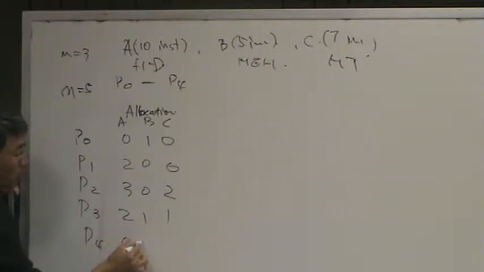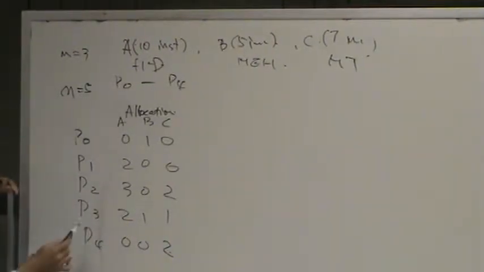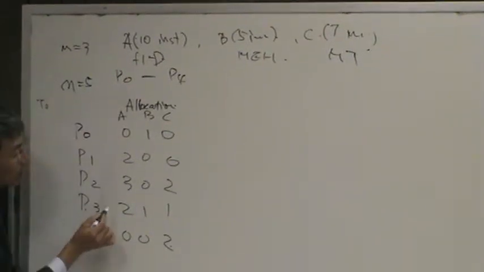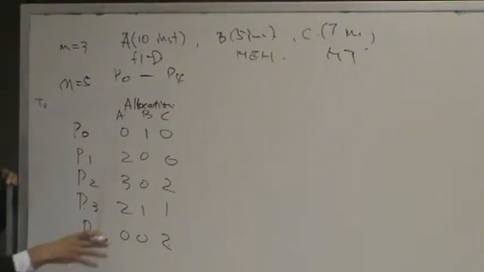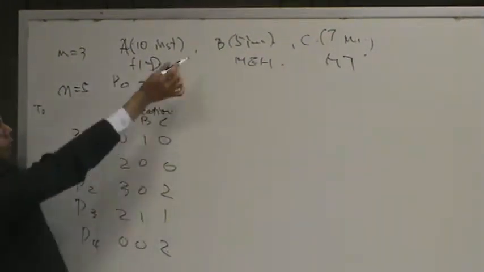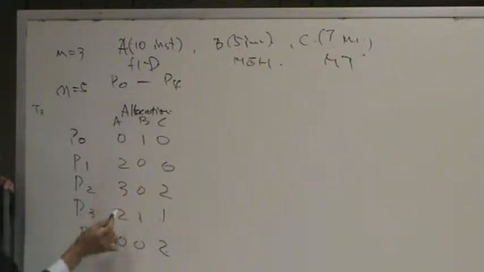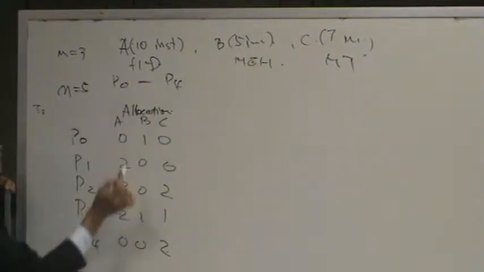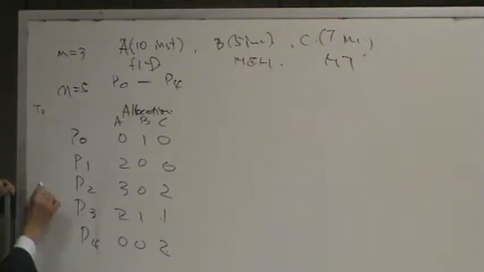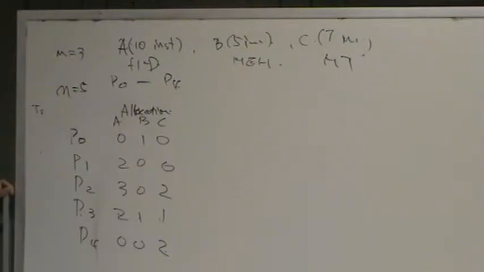P4 is 0, 0, 2. So at time 0, P3 is holding 2 hard disk drives, 1 memory, and 1 magnetic tape, and so on. This is the allocation, an N by M matrix.